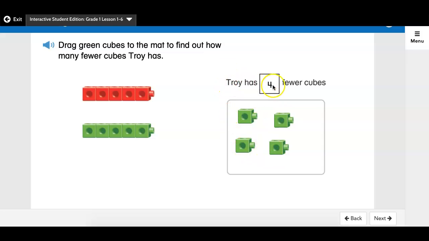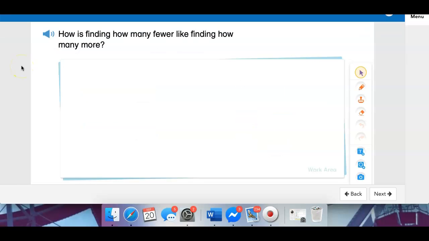So Troy has 4 fewer cubes. So when we are finding out how many fewer, we are subtracting. And when we're finding out how many more, we are having to use addition.